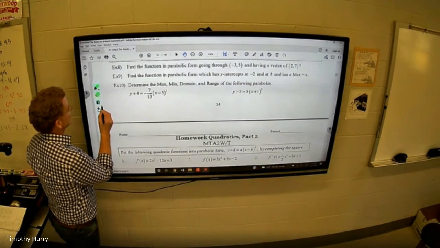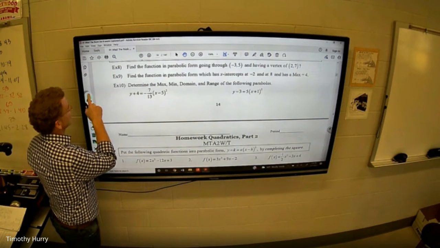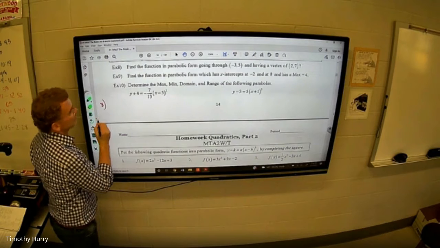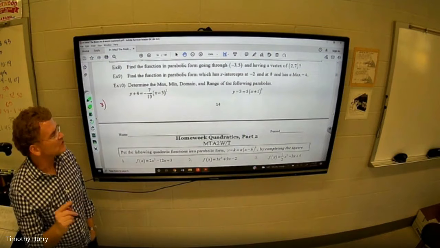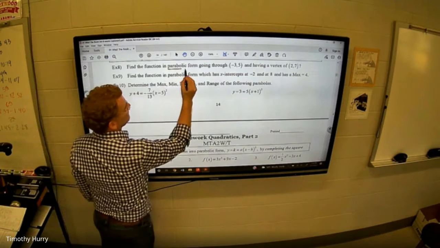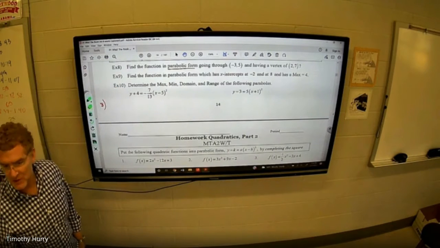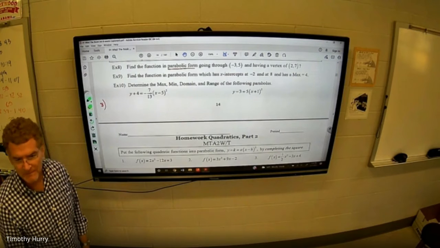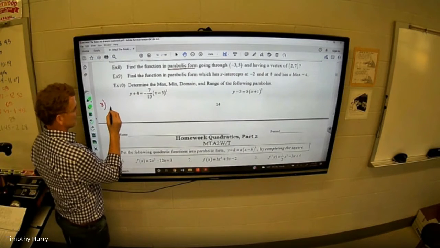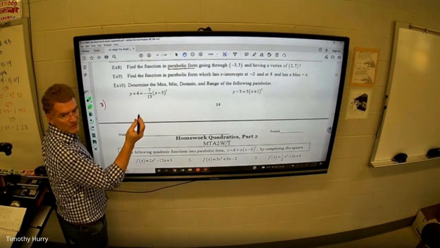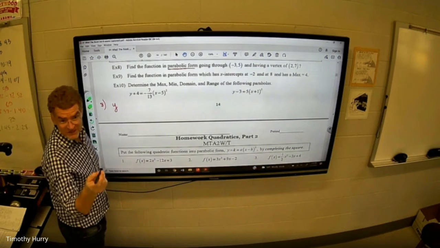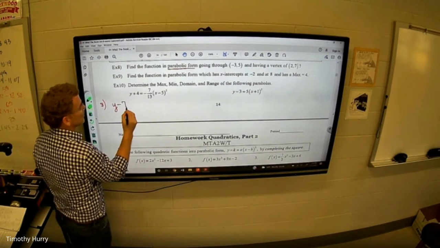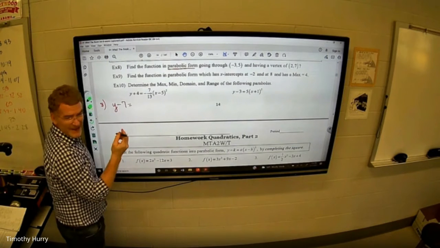On number 8, I'm going to put 8 right here, I'm giving you a point (-3,5) and a vertex (2,7), and I'm asking you for parabolic form. So what do you immediately know you can do? y minus 7, because I have the vertex, equals, do I have the a value?